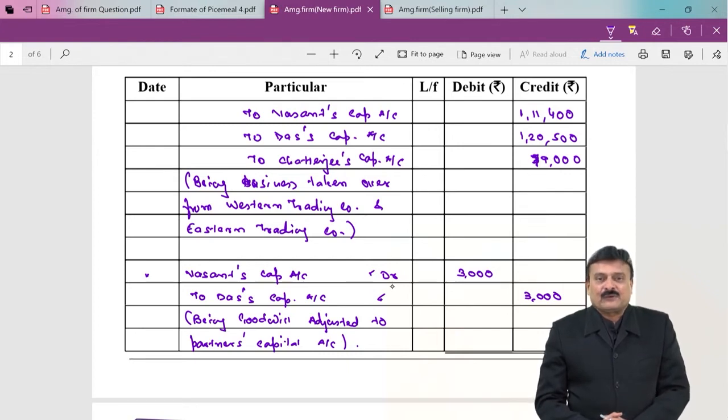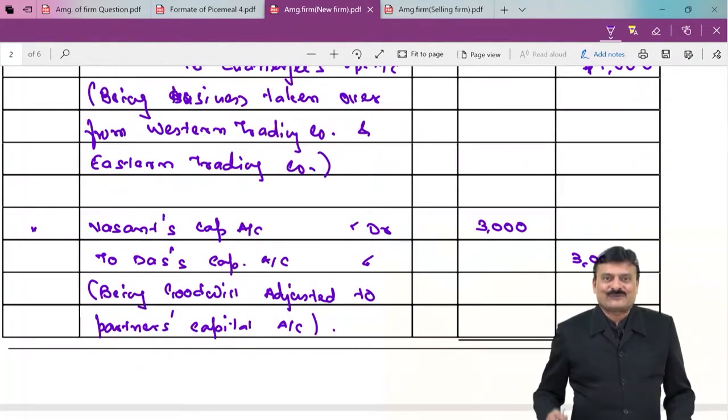Come on, prepare on your own partners capital account. Entries till this, make the posting in that. You can simply post amount only, no need to write to and by. Show closing balance distribution of 5,40,000 and find out the balancing figure either to cash bank or by cash bank. Come on, try.